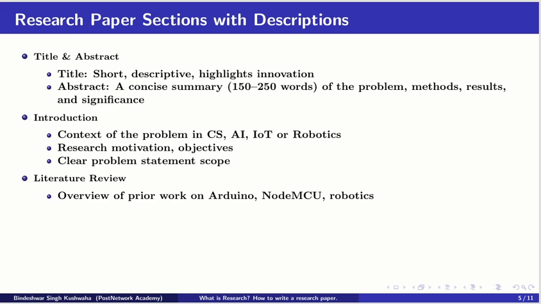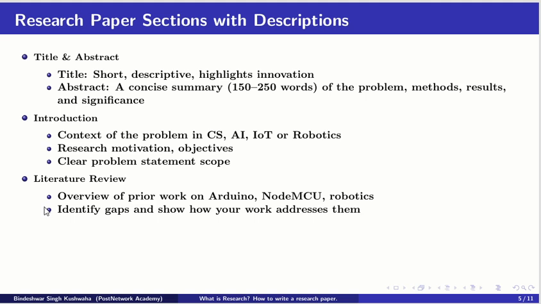That means what other researchers and developers have done, you have to mention, because without reading other references you will not be able to complete your research. You have to look for other research papers too. Identify gaps and show how your work addresses them.